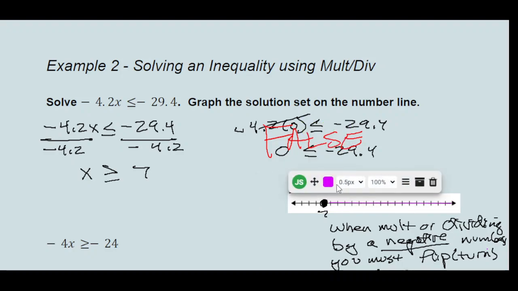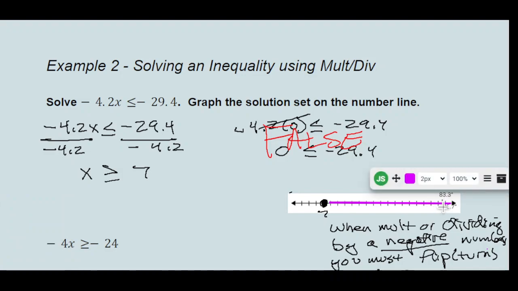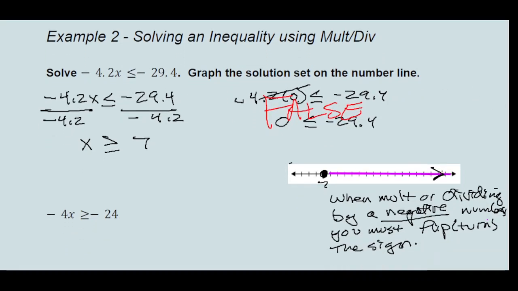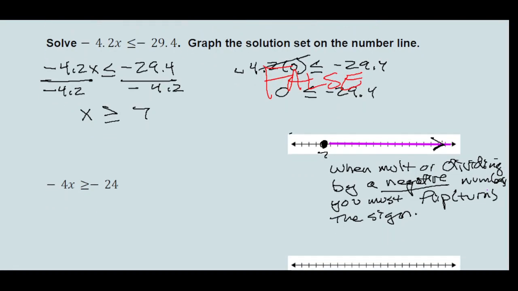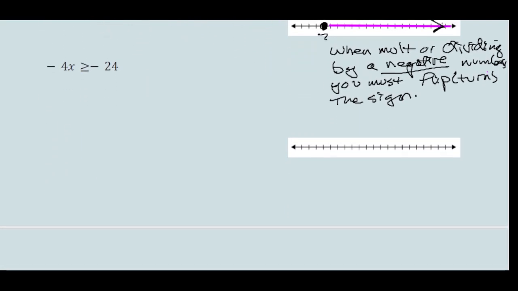So we'll go like this and we'll make it bigger. Then we will take our black and put an arrowhead on it. All right, so this is my solution set, right? So that's the big thing to remember with multiplying and dividing: you have to flip it if you've got a negative number you're doing it by.